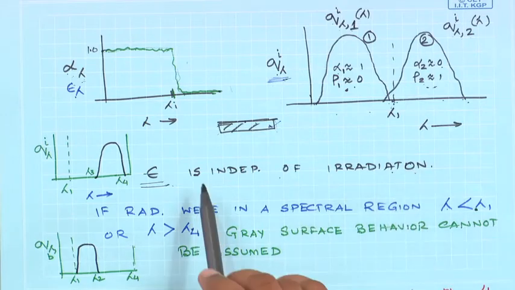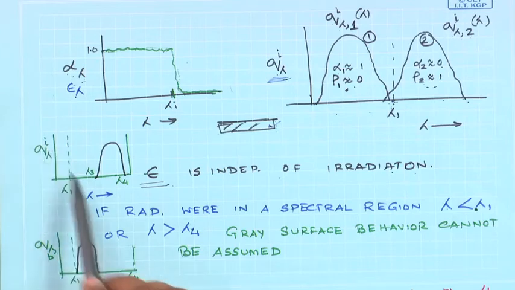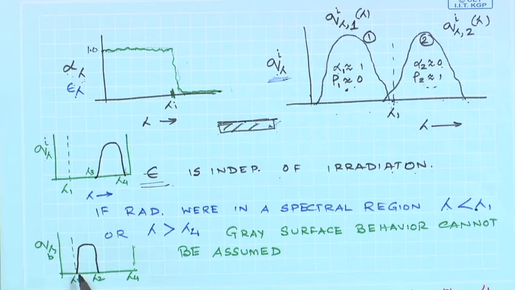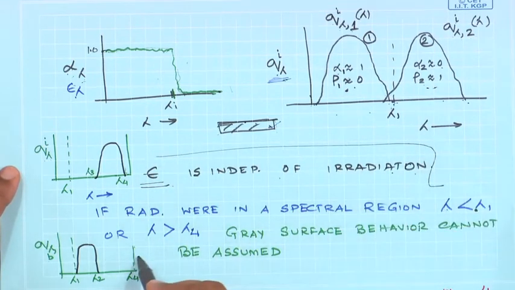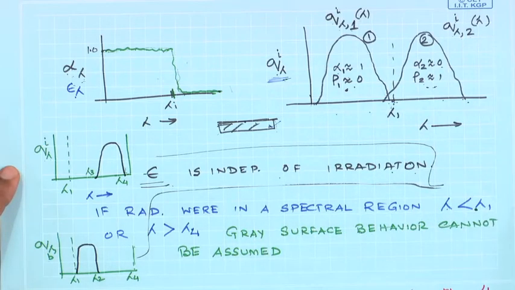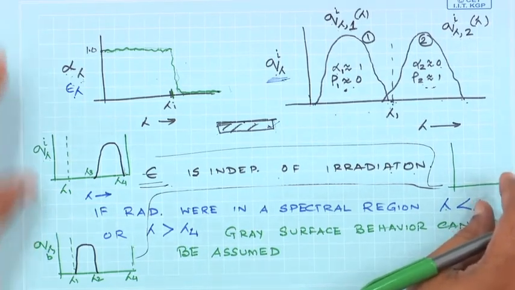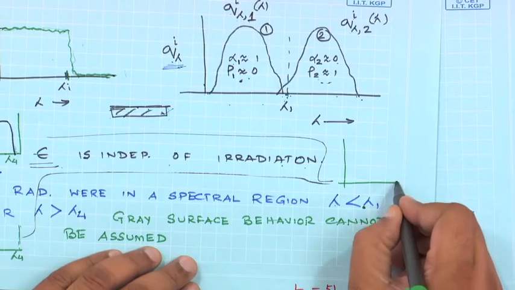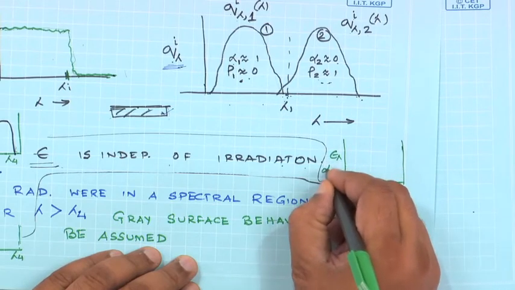That's one case. Let's say we have another situation in which the q lambda I falls over here, and it is also falling in this region, and the corresponding distribution is shown as epsilon lambda and alpha lambda.